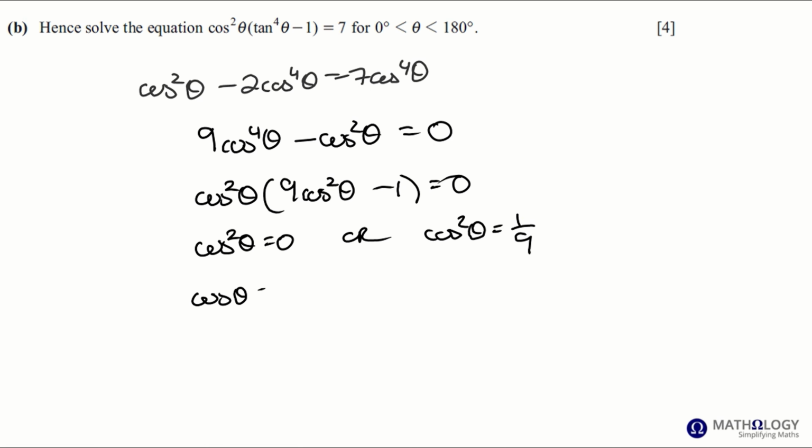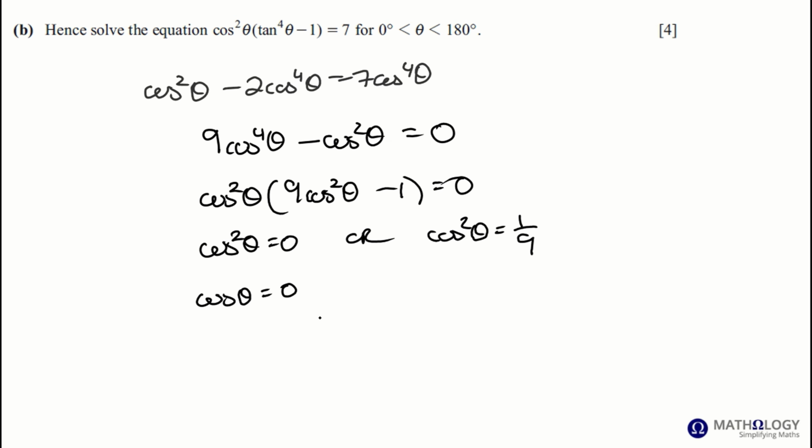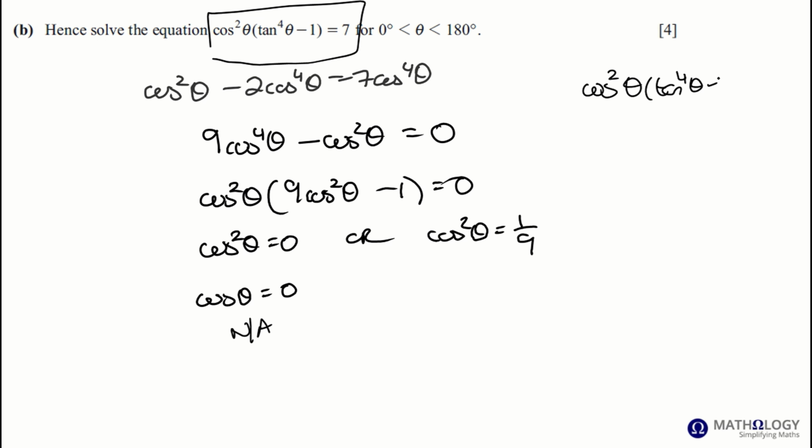So cos theta equals 0. Cos theta equals 0 is not a valid solution, and the reason is, if we look at this equation over here, we're given cos squared theta times tan to the 4 theta minus 1 equals 7. We rearrange this as tan to the 4 theta minus 1 equals 7 over cos squared theta.